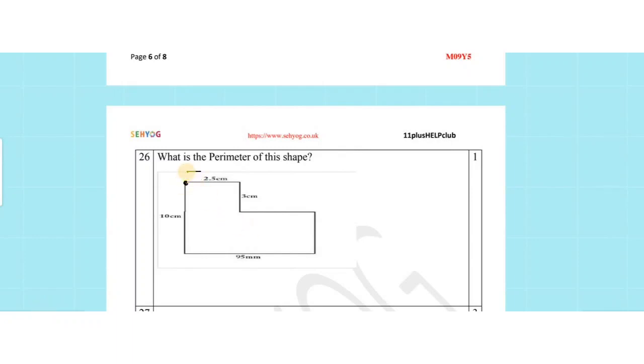In question number 26, we want to find the perimeter of this shape. We start from one point, moving right hand side 2.5 centimeters, downwards from there 3 centimeters, plus moving right hand side. This is a part of the 95 millimeters, that is 9.5 centimeters. So, from 9.5 centimeters we subtract 2.5 centimeters to get this portion.